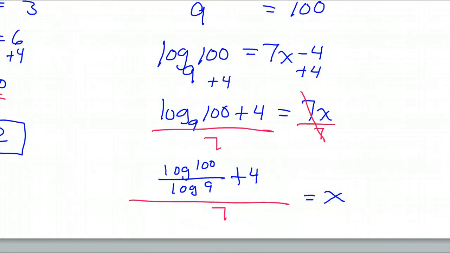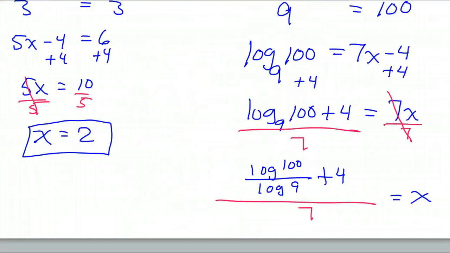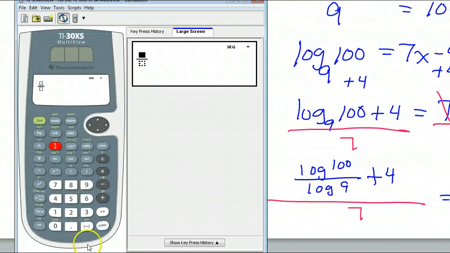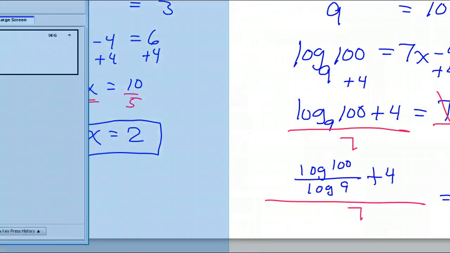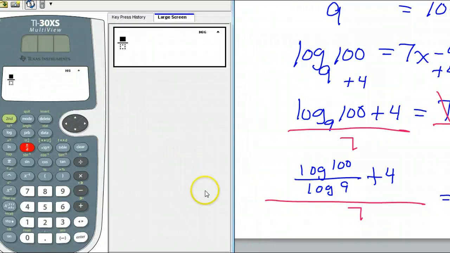Okay, so we'll put this now in our calculator. Okay, so here I go. The denominator is 7. I always like to do that first so I don't get confused. The numerator has a fraction in it, so I'm going to put a fraction in the numerator. So that's this.